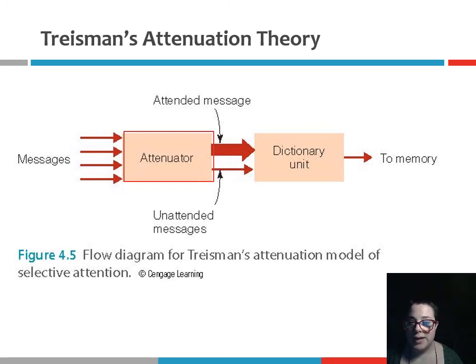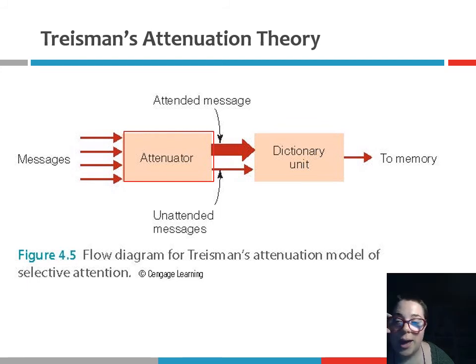So even when we hear our name in the unattended channel, we're going to be able to detect it very, very easily, even if we're following the attended channel very closely, right? Just like if we're at a party and there's all kinds of noise and we're deeply engrossed in a conversation, we're automatically going to notice when our name is called because of that low threshold.